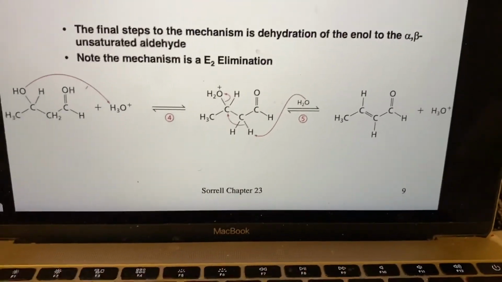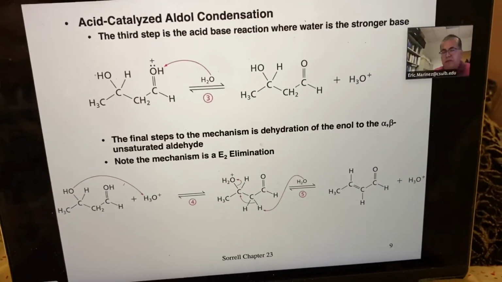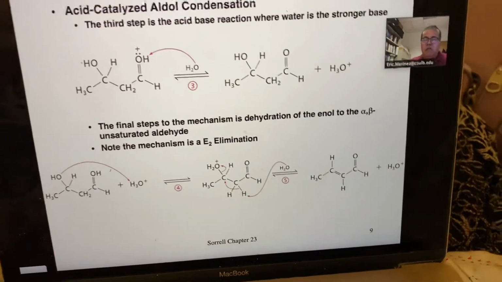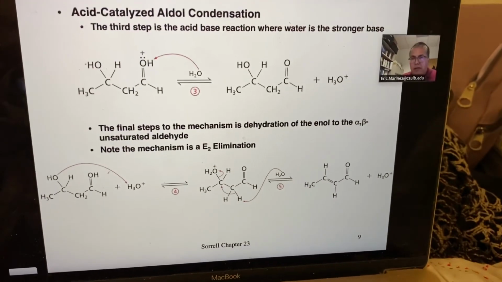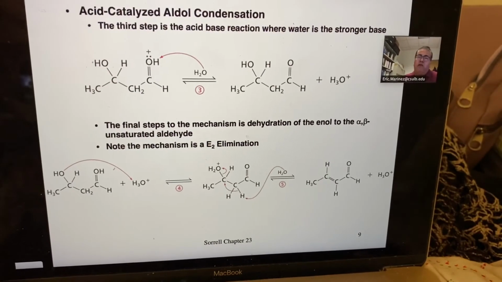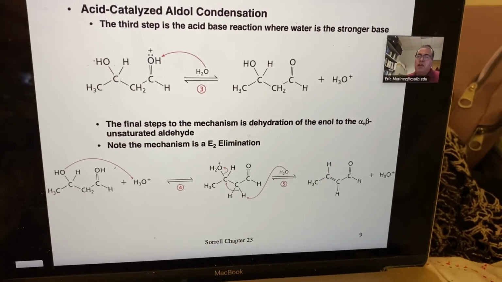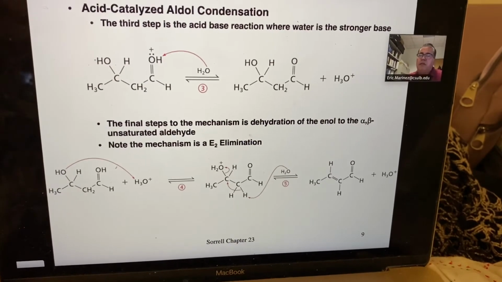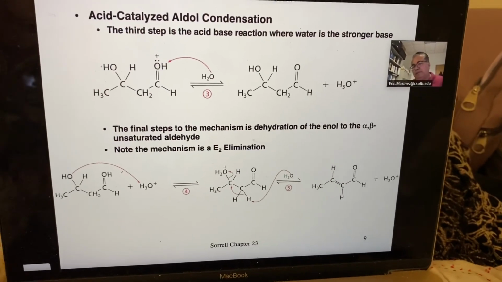Okay? So there's some distinguishers between doing the aldol under acid or base. If I'm in base, first thing I have to think about is I must generate the enolate. Okay? And I will form the beta hydroxy aldehyde system, but if I have something that's going to permit greater conjugation, it's going to dehydrate by an E1CB.